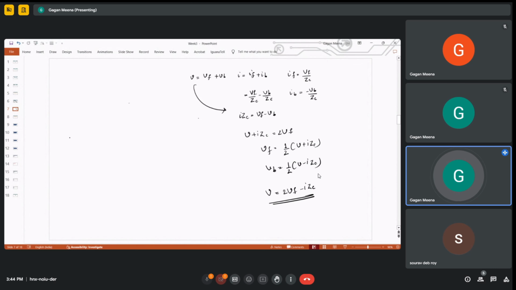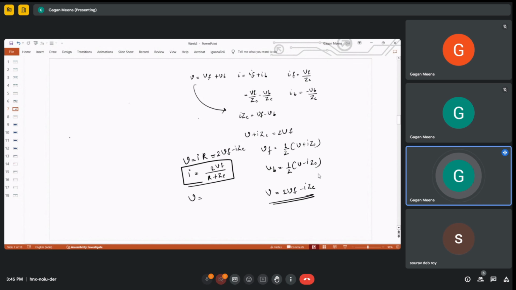Now, if we have a termination of the line with resistance, then V will be I into R. Because we know that V is also equal to 2VF minus I ZC, I will be 2VF divided by R plus ZC. This is the current.